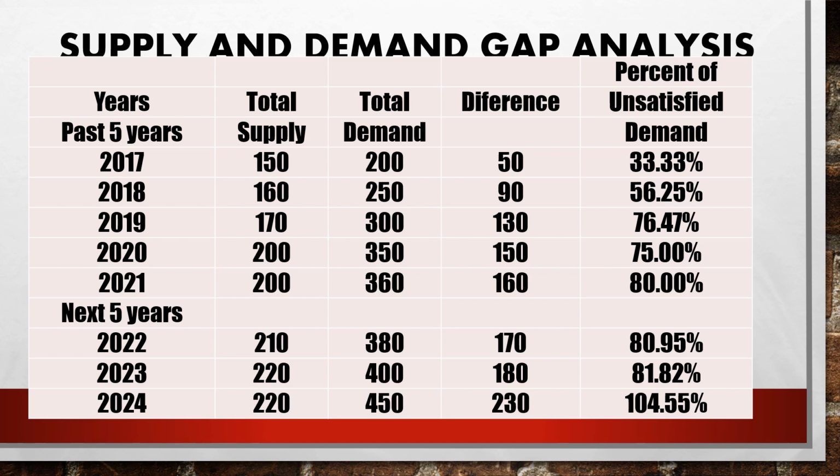So, may kulang na 170. So, that means pwede pa tayong enter into this type of business kasi meron siyang supply and demand gap. Kulang ang supply. Malaki ang demand pero kulang ang supply, and the percentage of unsatisfied demand ay aabot ng almost 81%. So that is the interpretation of this table.